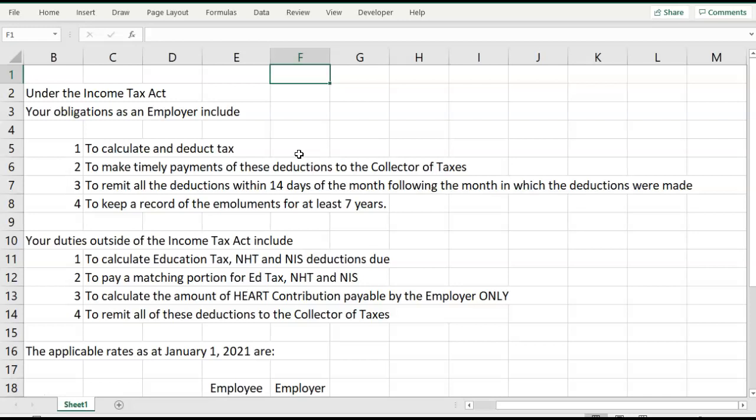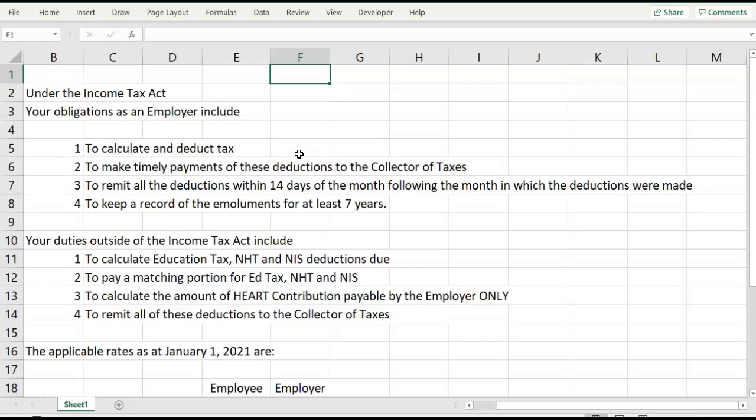If they are not paid, then there will be penalties charged to you, the employer, which will increase the liability, or the monies that you owe to the government. I know there's a late fee of about $2,000, plus the penalties and taxes and the surcharge. It's always good to pay within the 14 days.